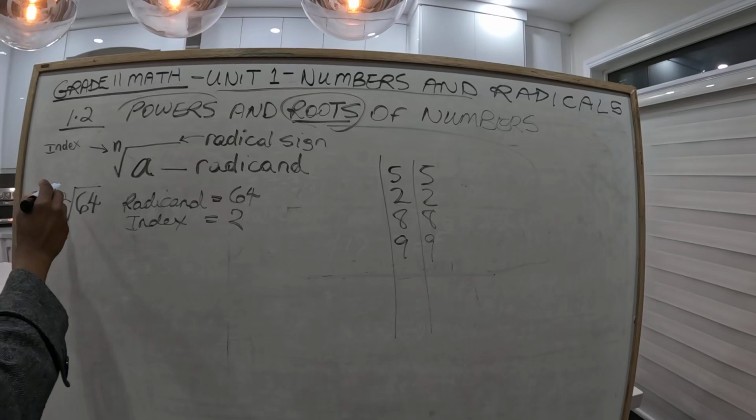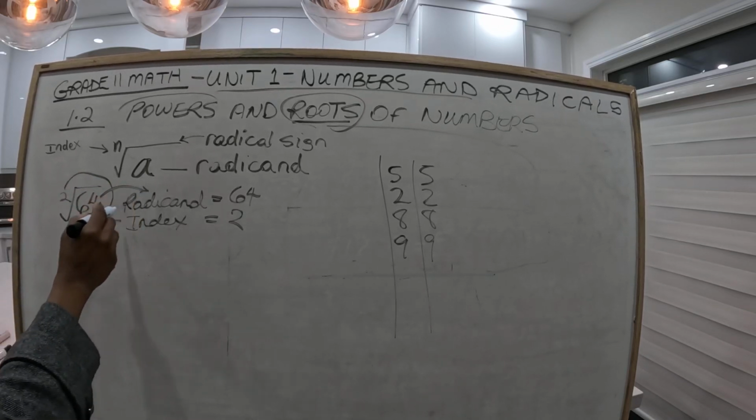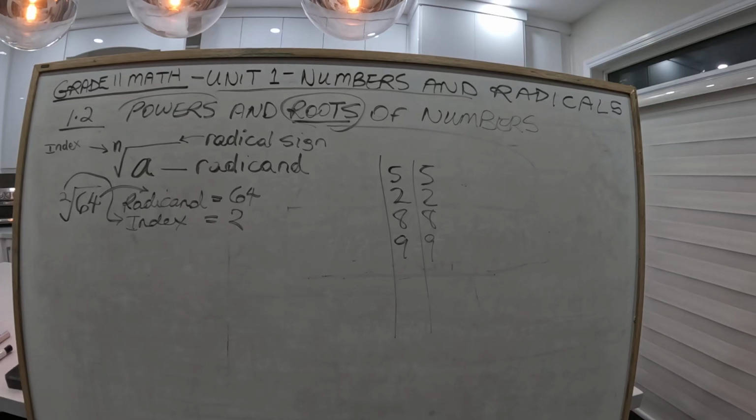That's the index, and this is the radicand. That's as much as we can talk about in terms of square root and powers. Again, do not confuse powers with multiplying that number by the index. Whatever the index is, you're going to use that number as the power. Okay?